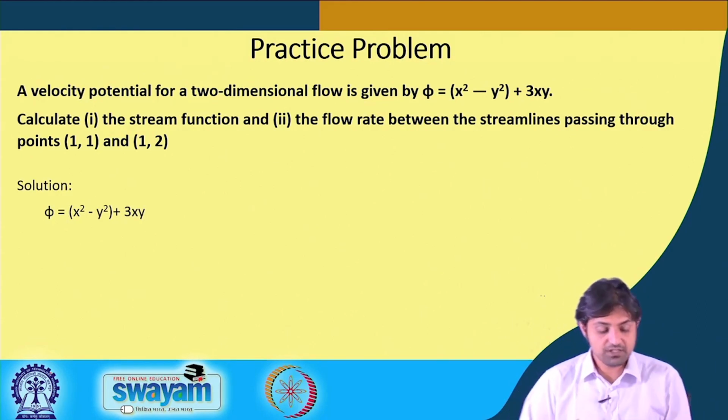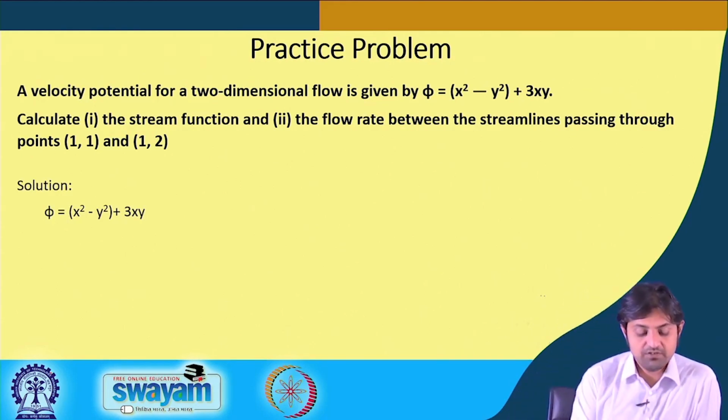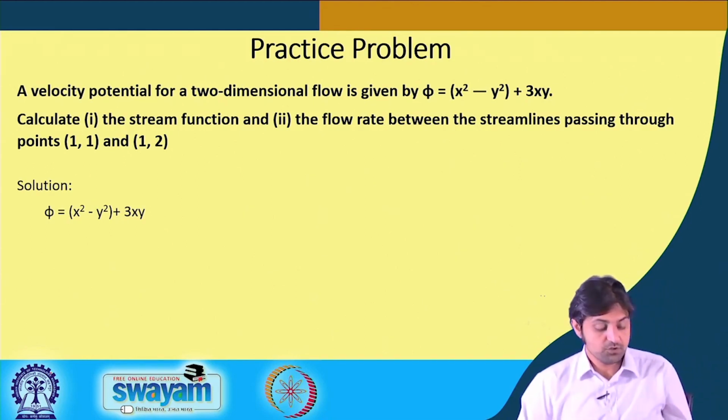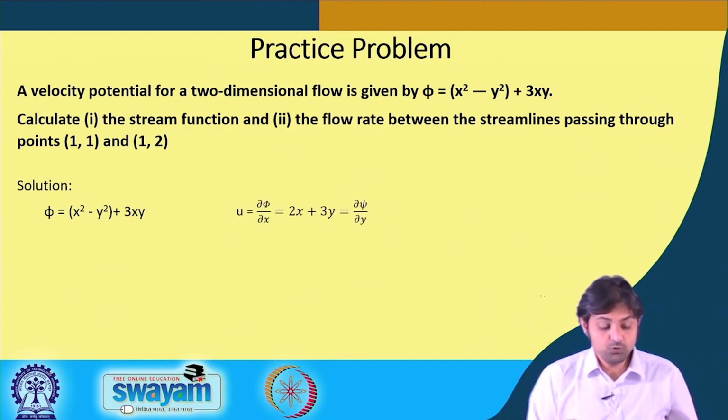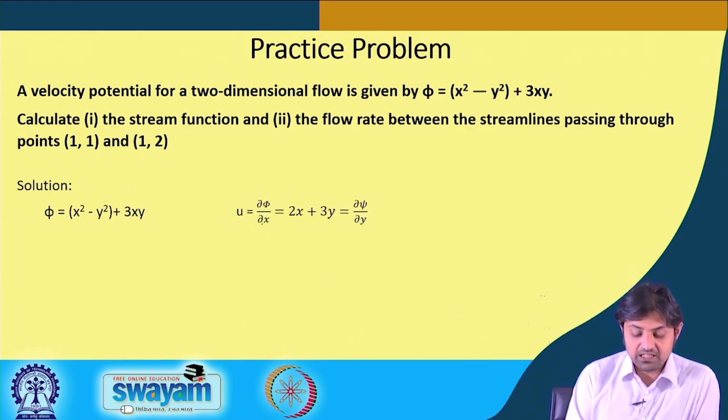First we write what is given to us: phi is equal to x square minus y square plus 3xy. We are going to use one of the equations. u can be written as del phi by del x, this we know, and u can also be written as del psi by del y.